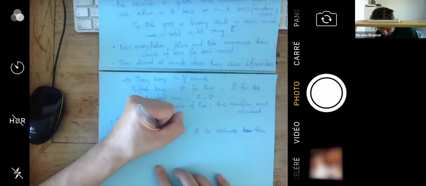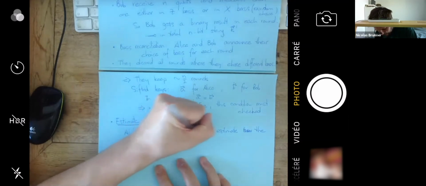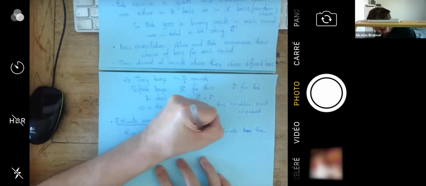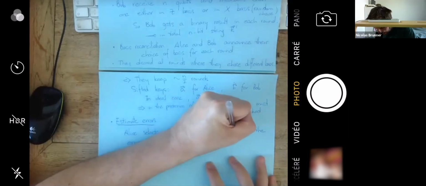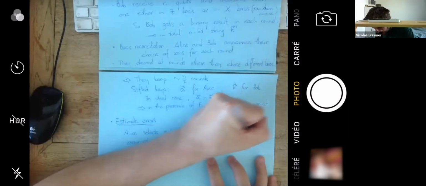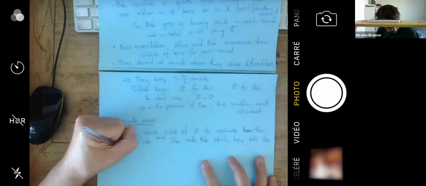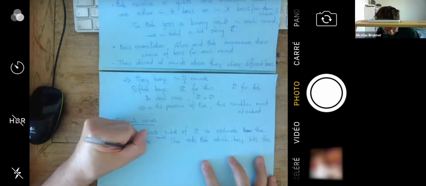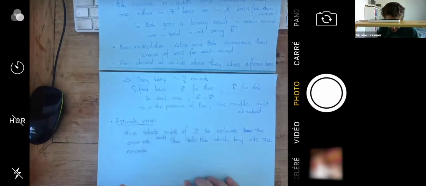She tells Bob which key bits she encoded. She will really reveal the key for those particular rounds. So this is a subset of the sifted string A.